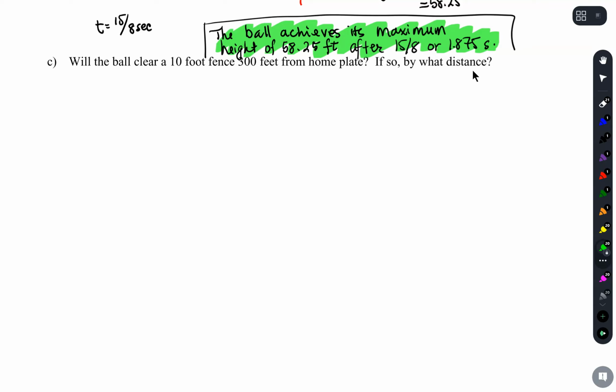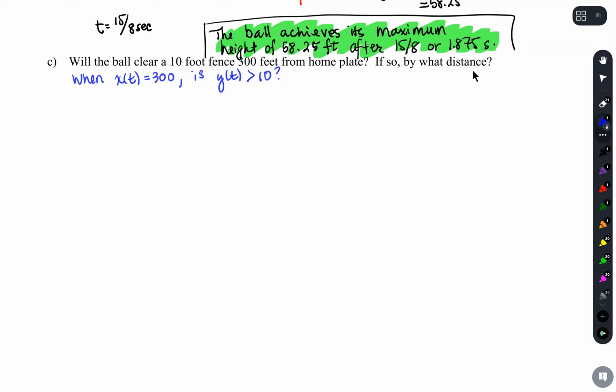So let's rephrase this a little bit differently. So when my horizontal distance, that's x, so when x of t equals 300 feet, is y of t greater than 10?